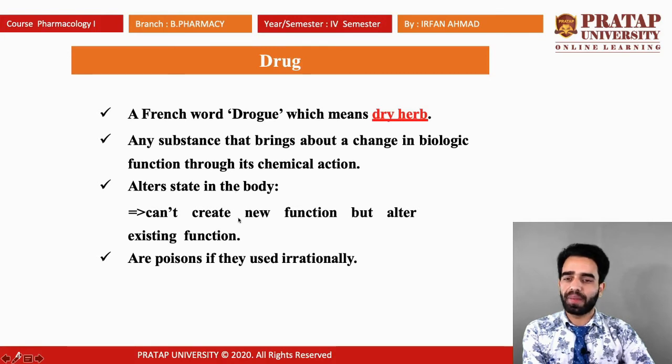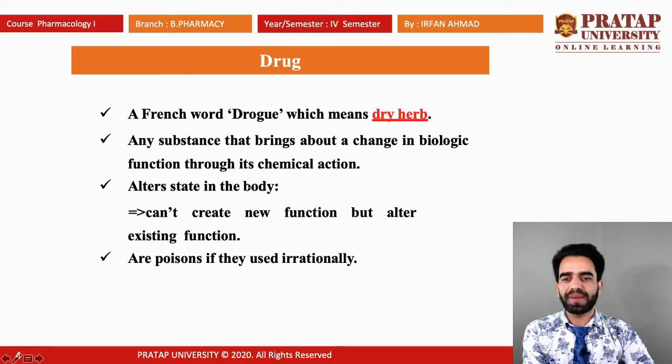Drugs are poisons if they are used irrationally. For example, paracetamol is a medicine. Alprazolam, with the trade name Alprox, is a drug often used as an antidepressant or anti-anxiety drug.